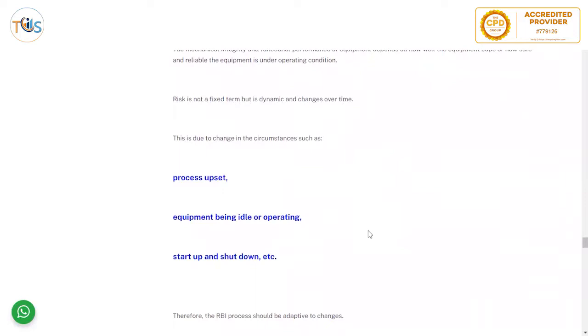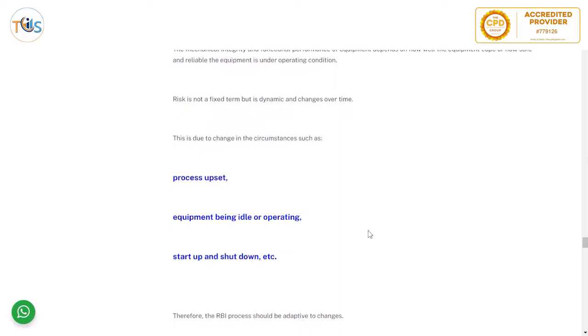Understanding how RBI can help to manage operating risk: the mechanical integrity and functional performance of equipment depends on how well the equipment copes, or how safe and reliable the equipment is under operating condition. Risk is not a fixed term, but is dynamic and changes over time.